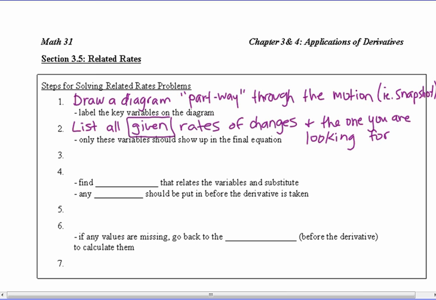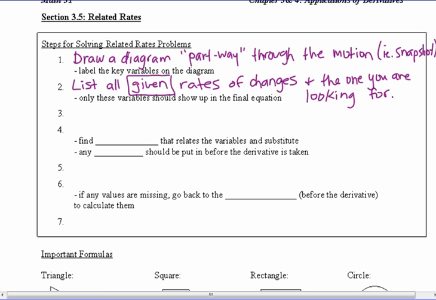If you're dealing with a problem that deals with a rectangular prism, they give you the rate of change of the volume and you want to find the rate of change of the height. They didn't give you any information about the length and width, and we have to somehow eliminate the variables because we only have two rates of change that we're dealing with. So we'll have to give you more information to eliminate those variables.